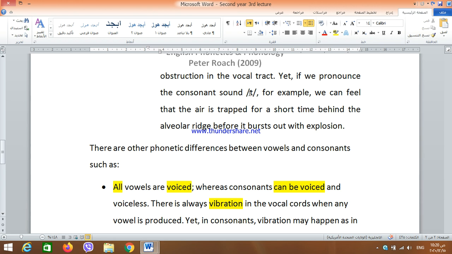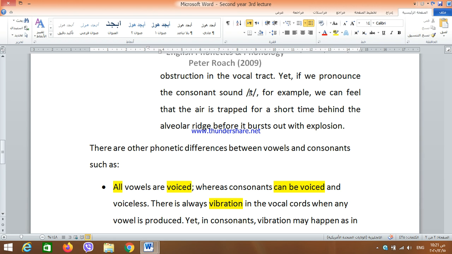In some other consonants, like for example, ra, here we have a slight obstruction, and the tongue is almost in a floating position. There is no clear contact between the tongue and the roof of the mouth. But still, ra is a consonant.